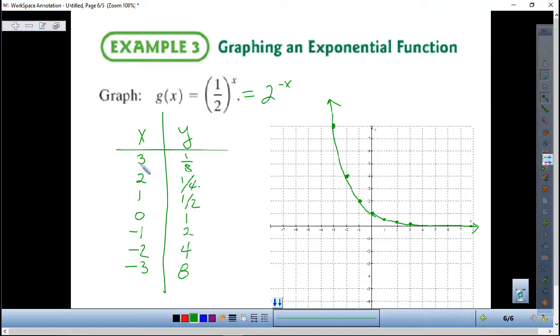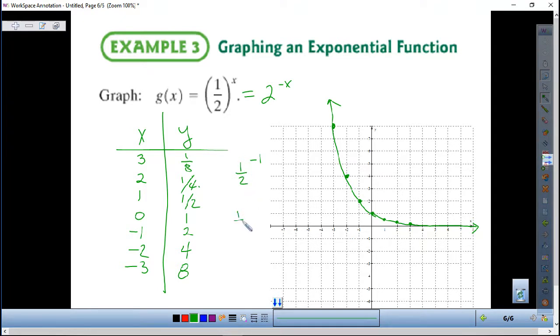If we take 1/2 and multiply it times itself, 1/2 times 1/2 times 1/2, we're going to get 1/8. Same thing with the 2, the 1, and remember, anything to the 0 power is 1. Now, with the negative 1 here, the way you could do it if you didn't change it over into this, you've got 1/2 to the negative 1 power. Well, once again, negative powers just mean you flip the fraction over.